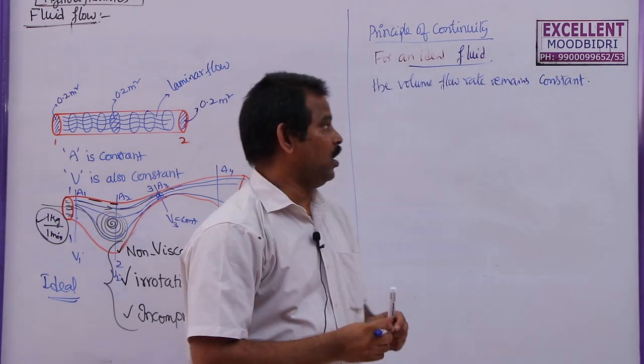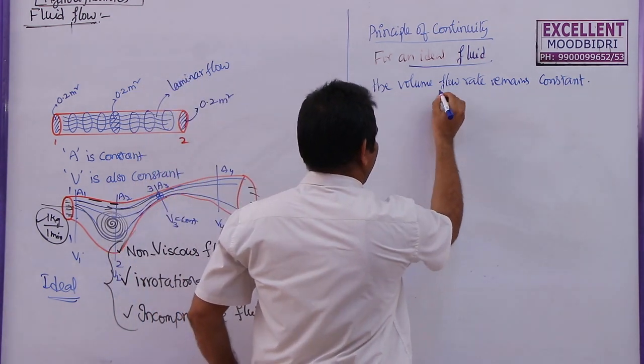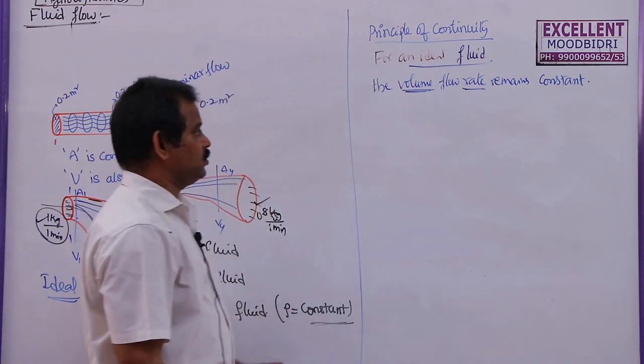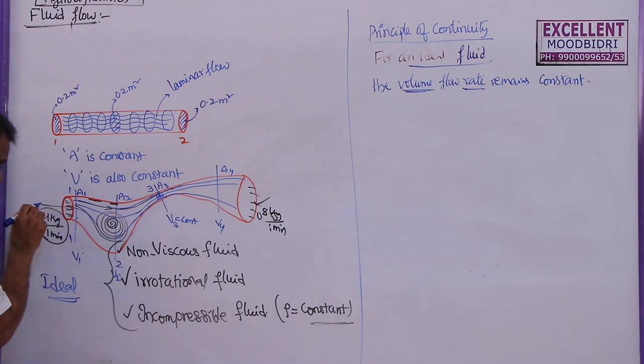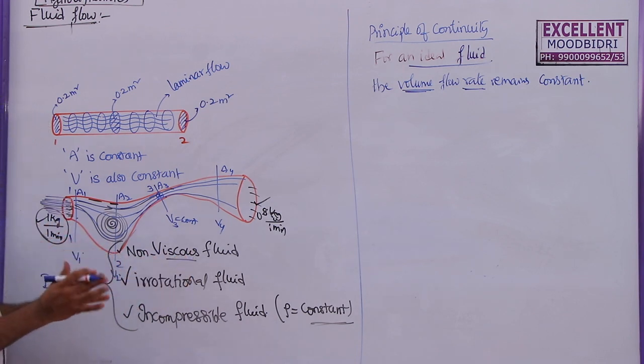So what is this volume flow rate? The volume of the liquid that can be collected per unit time is called volume flow rate. Here in this example, if I pour 1 kg ideal fluid, I am not talking about the coconut oil now. Coconut oil is viscous, but I am talking about non-viscous fluids.